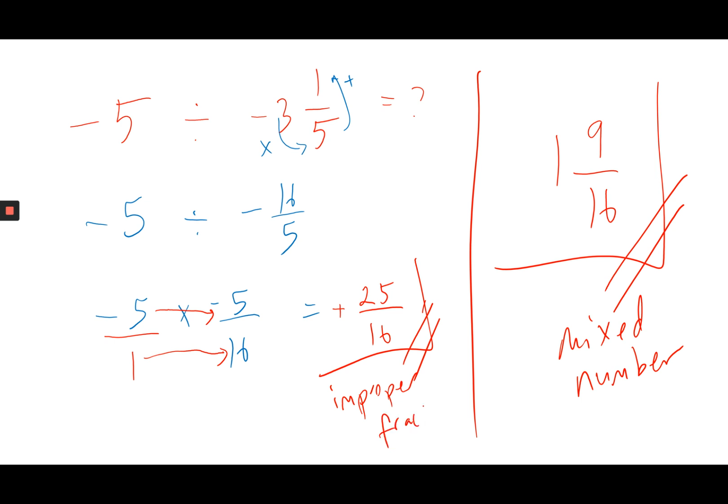One more example. Negative 3 and 1 over 20 divided by 1.25. Let's do something fun. I have a decimal this time.